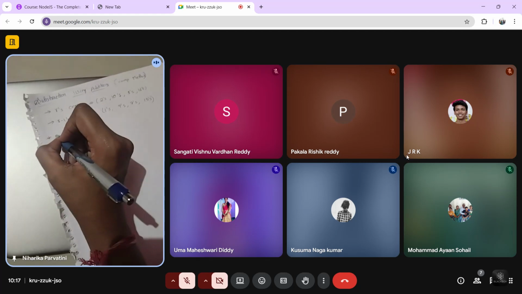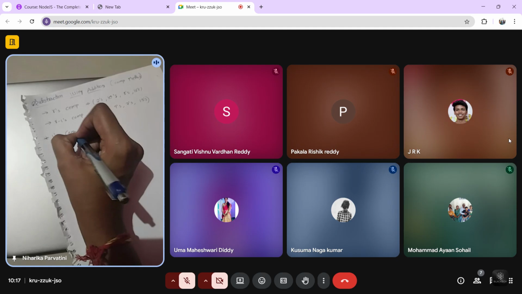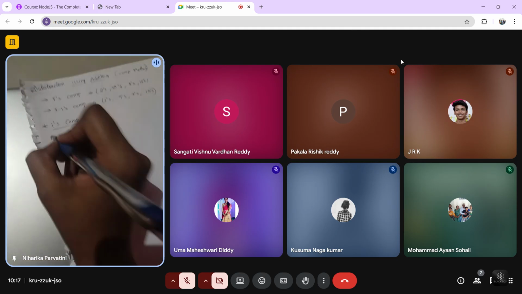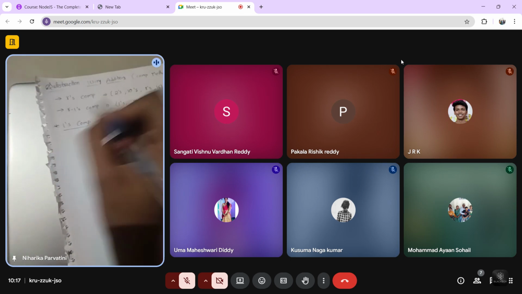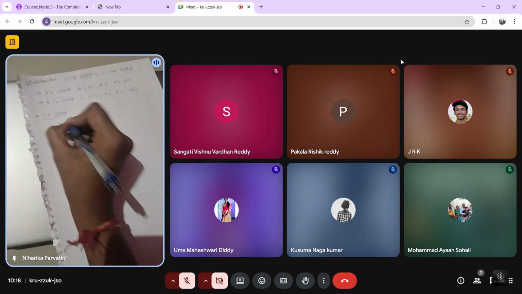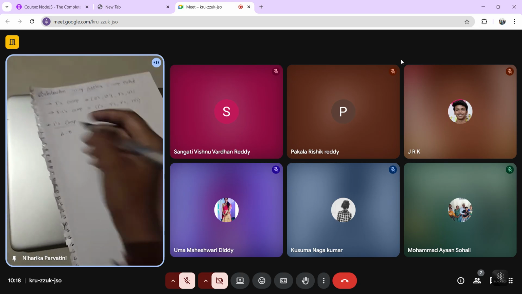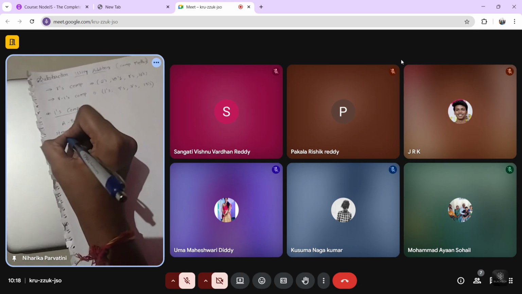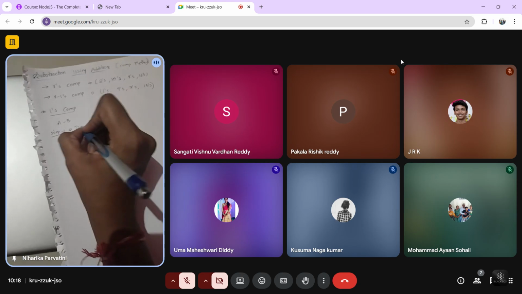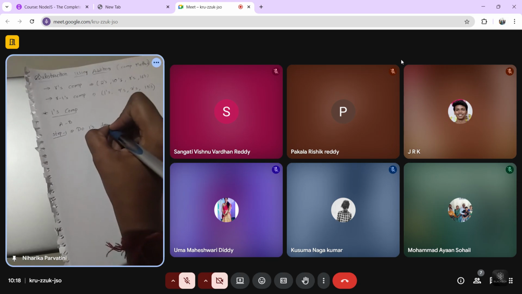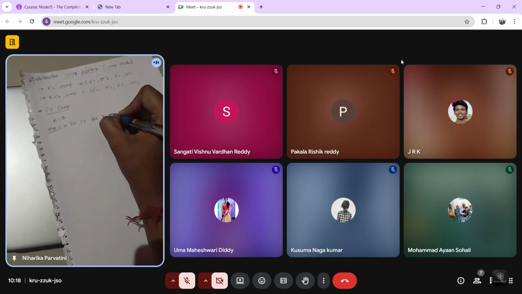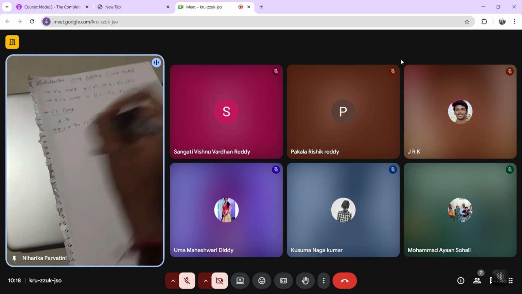Let's look at the ones complement first. In ones complement, if you subtract two numbers, a minus b, step 1 is to do the ones complement for b, and let's take it as b1.